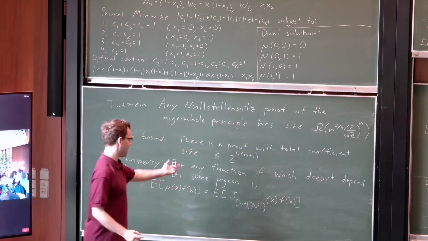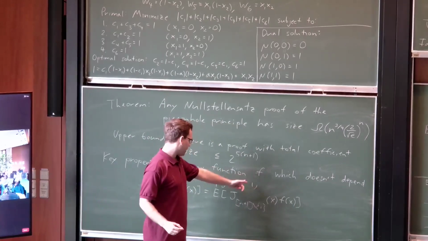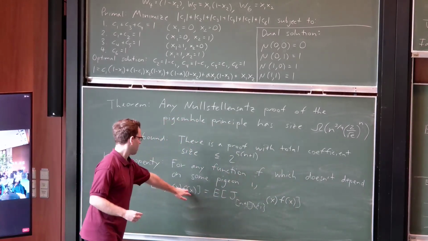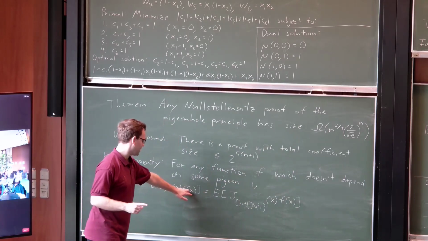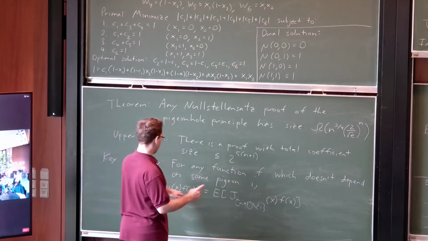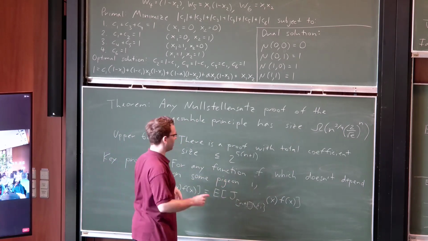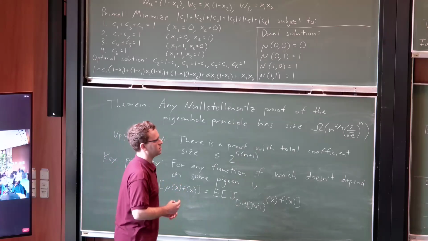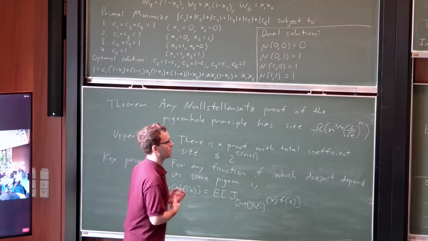So that says that if f doesn't depend on some pigeon i, then we pretend that we have the uniform distribution: the other pigeons are matched uniformly at random to the other holes.